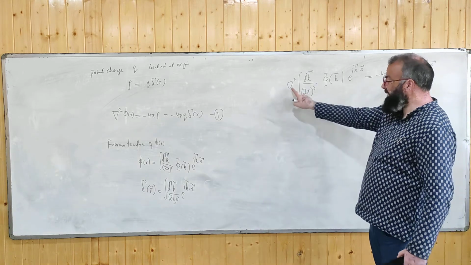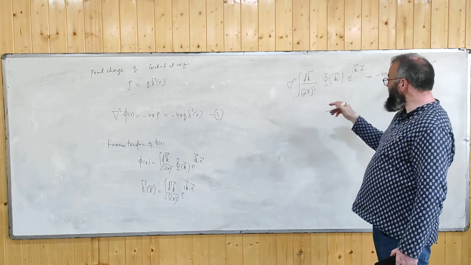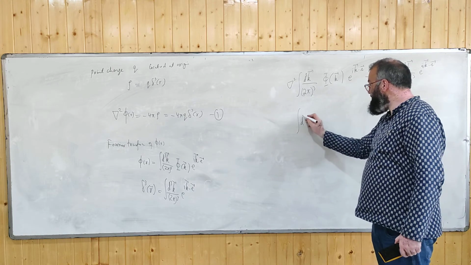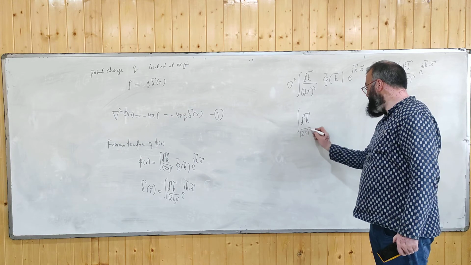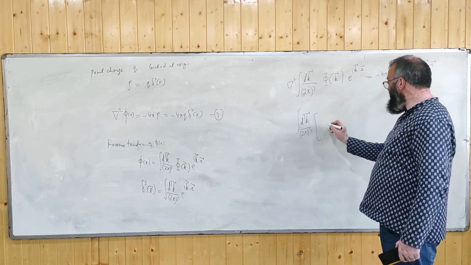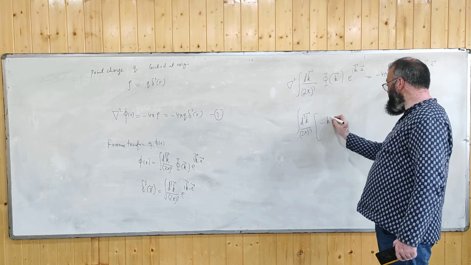So now let's apply this nabla square on this thing. You will be getting i k square. I will take this on both sides. When you differentiate it twice, it is simply minus k square.